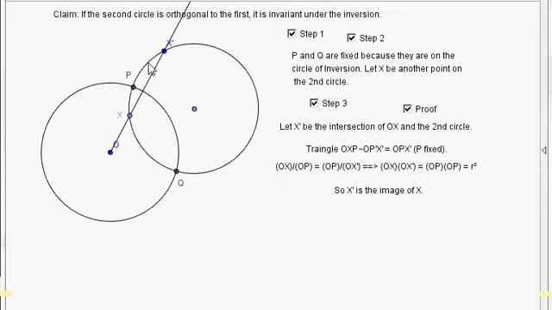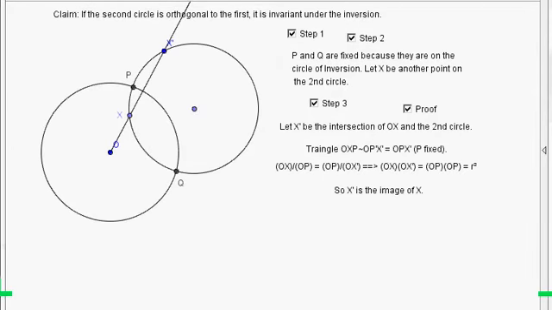So we know exactly where it goes. Every point on this circle is going to be sent to another point on the circle, and it's the intersection of this ray and the circle. So that proves that direction. If these are orthogonal, then this circle is going to be invariant. The points shuffle, this point goes to here, but the circle's invariant.